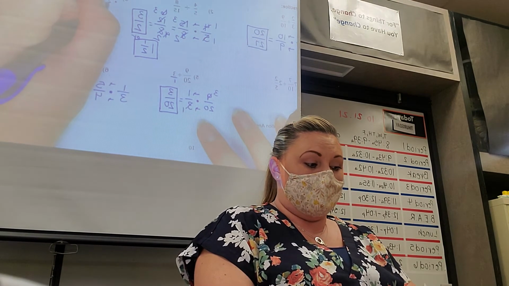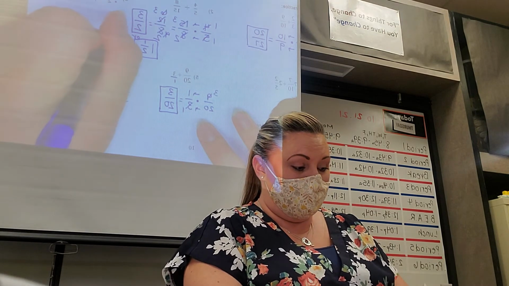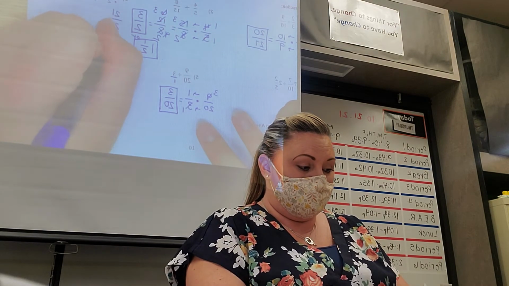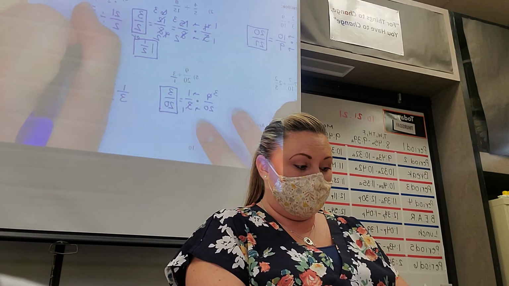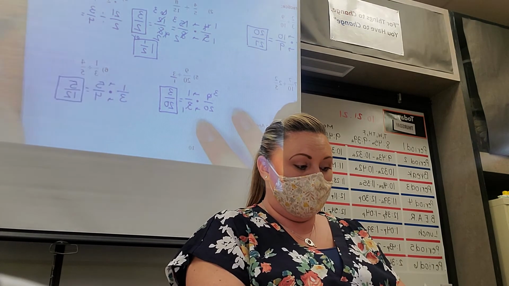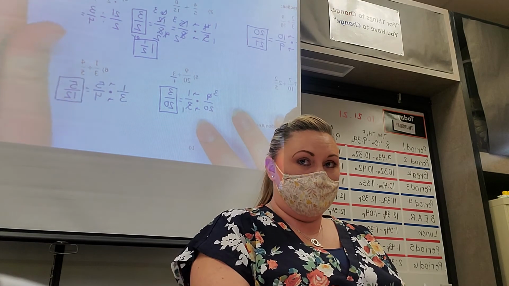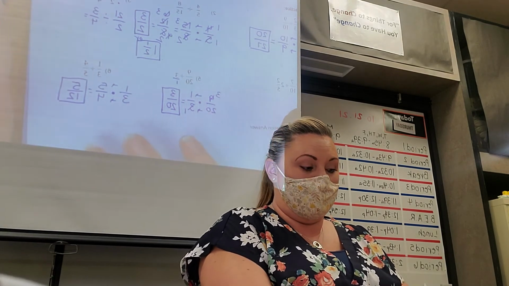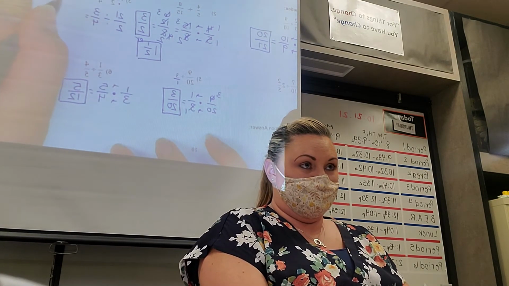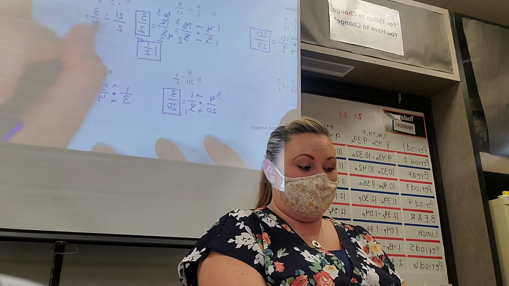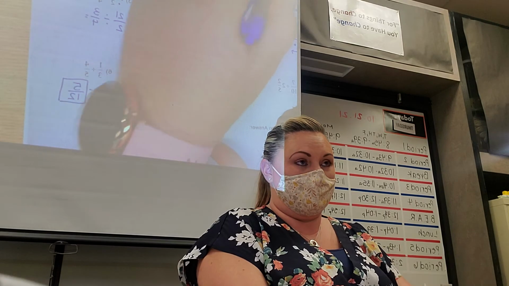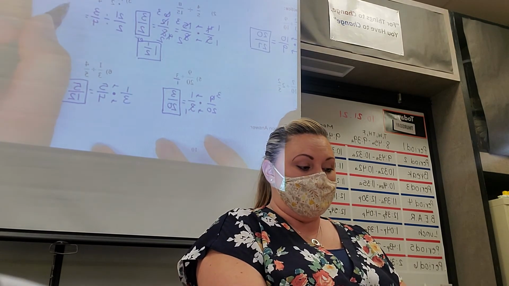So 21 over 2, and let's just leave it the same for a minute, divided by 3 over 4. Okay, now what do we have to do? Taylor, what would we do now? What's our first step on our notes? Change it.